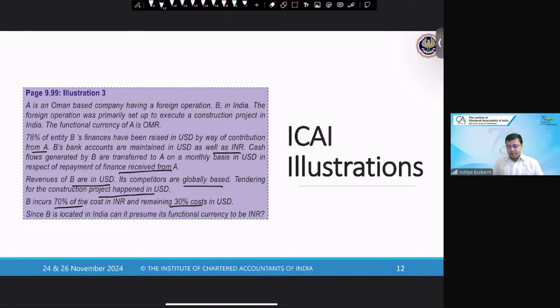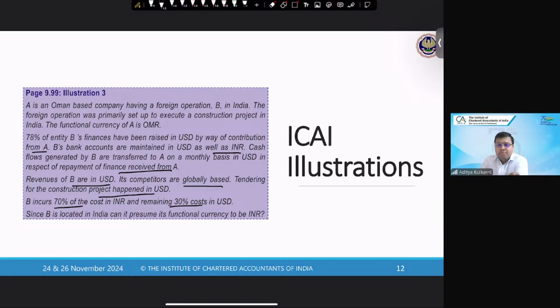Read the question carefully. Think and give the answer. No, sir. Okay. No, sir, its functional currency would be USD, as 78% of the finance has been raised in USD only. Okay. All right.